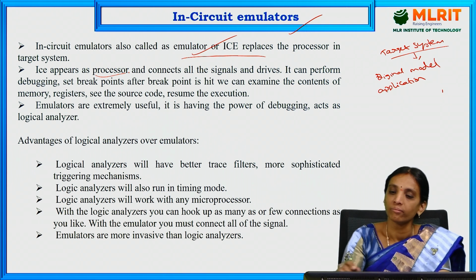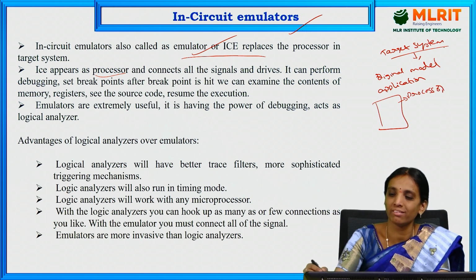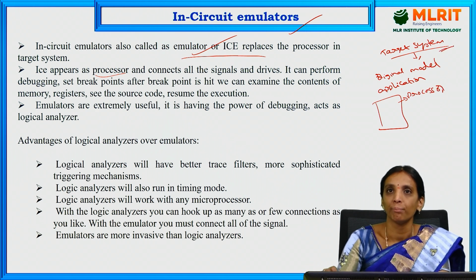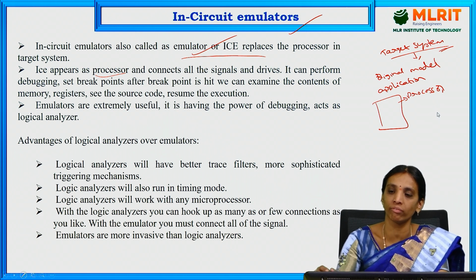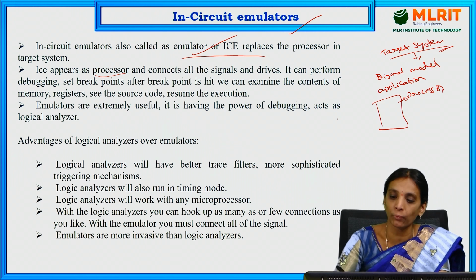In an in-circuit emulator we choose the processor, which is the same as the target system but not physically present. That means we check the software version of the target machine in the form of an in-circuit emulator. An example of this is Proteus.